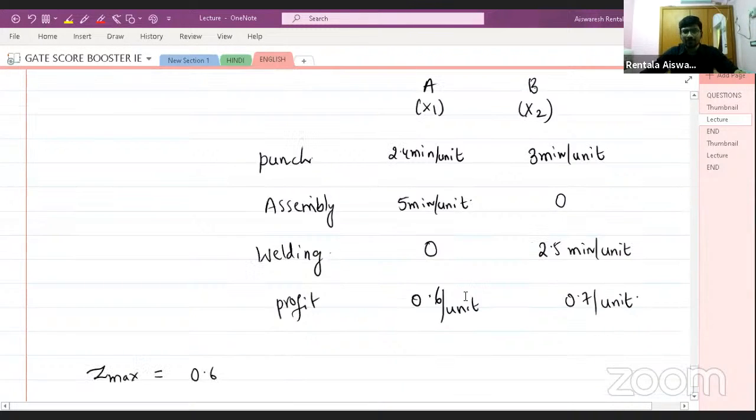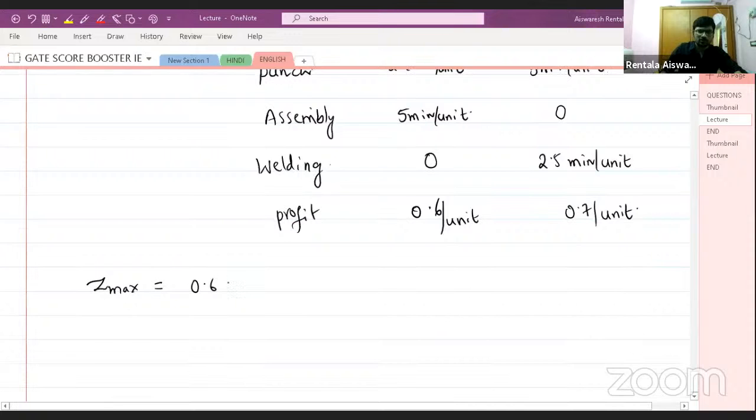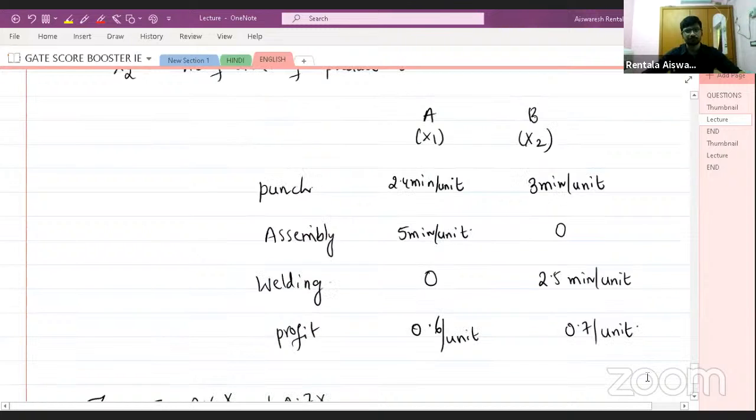So total profit on product A will be 0.6 into X1 units, plus total profit on product B, which is 0.7 into X2. The per unit profit is 0.7, and we are interested in manufacturing X2 number of units.